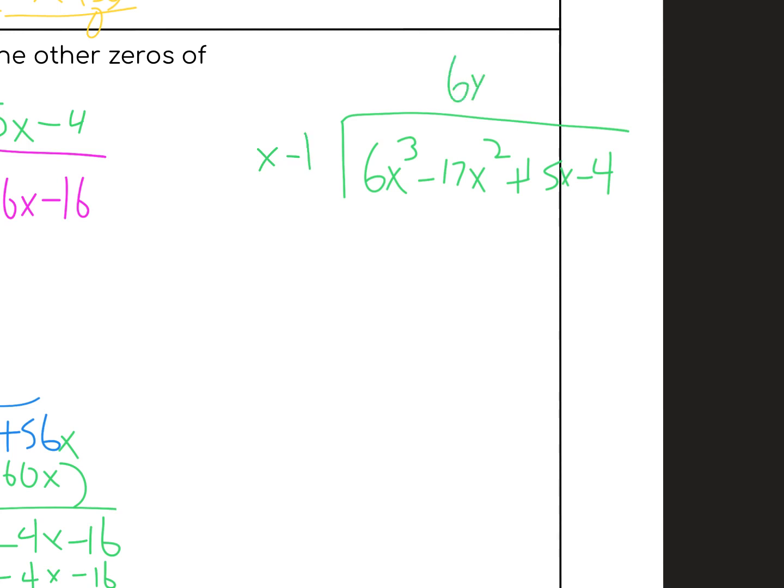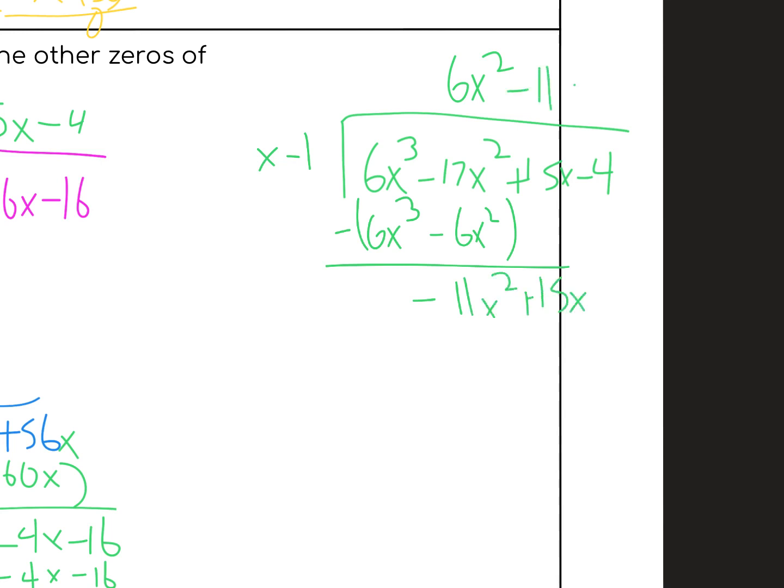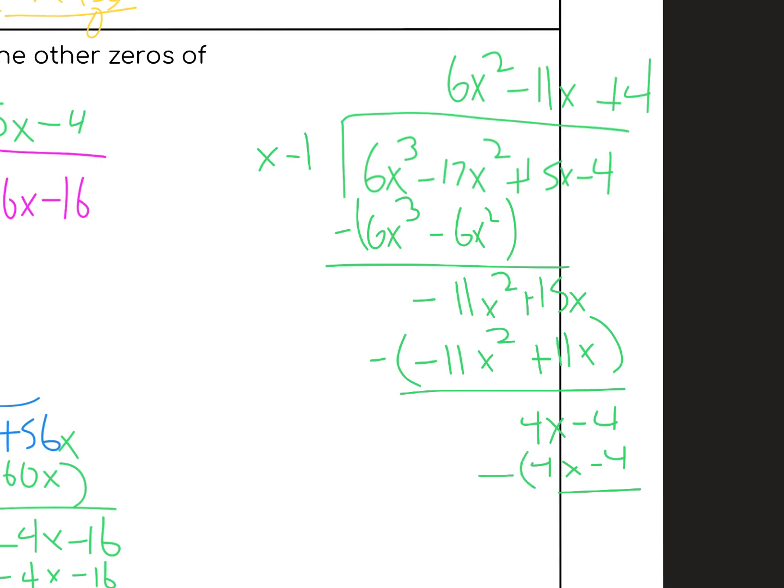So 6x squared. 6x cubed, 6x squared, subtract down, negative 11x squared plus 15x, negative 11x, negative 11x squared plus 11x, subtract down, 4x minus 4, 4x minus 4, subtract down, and I get 0, which I should.